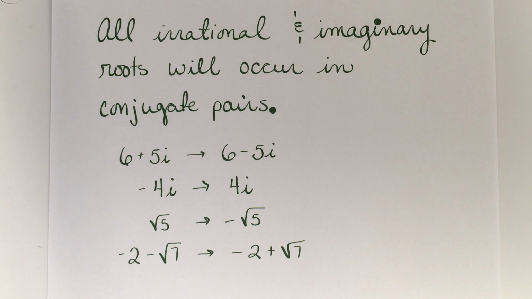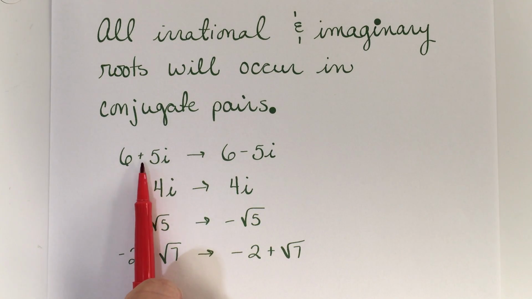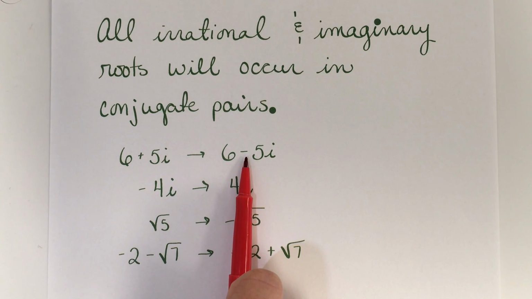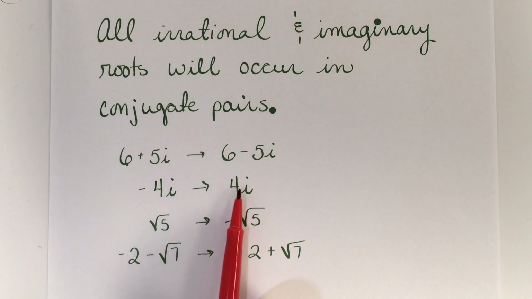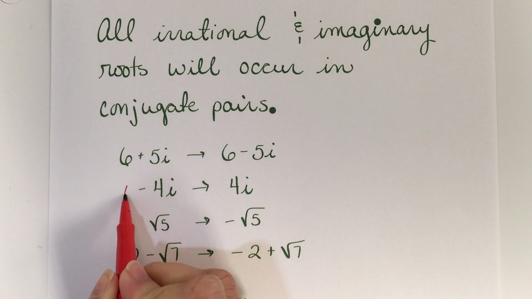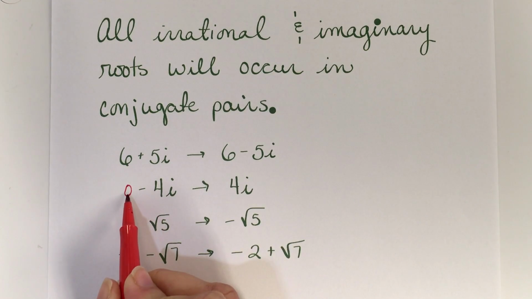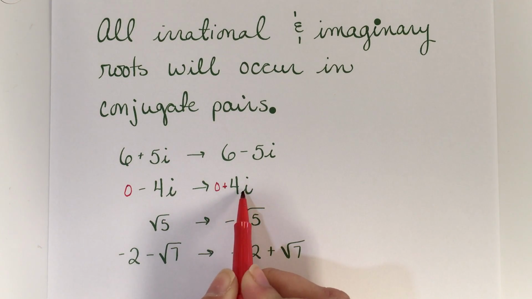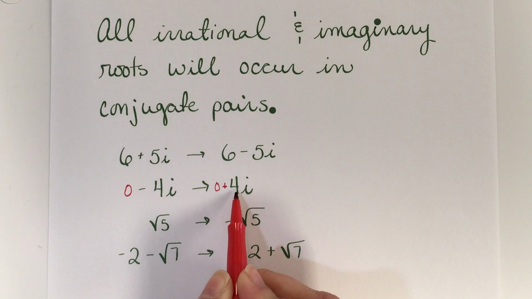Now, to have a conjugate, all that you do is simply change the sign that's in the middle. If I'm given this one that has the plus sign, then I simply change that to a minus sign. Here, I just have one term, which is the imaginary term, so what you really have is an understood zero. So you've got 0 minus 4i, and you would go with 0 plus 4i, so it goes from a negative to a positive.